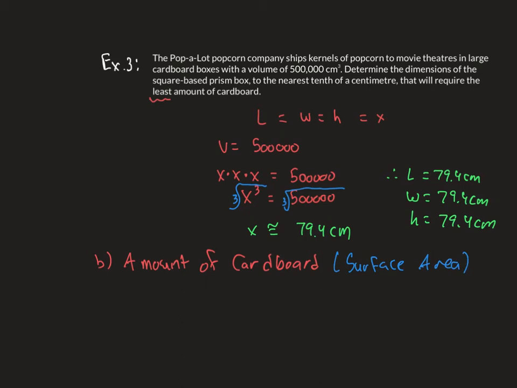And I know the surface area equation. It's going to be, in this case, 6 times length times width. It's going to be 6 times 79.4 times 79.4, which is going to give me 37,826.2 centimeters squared.